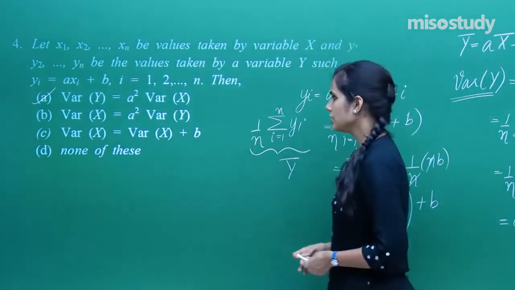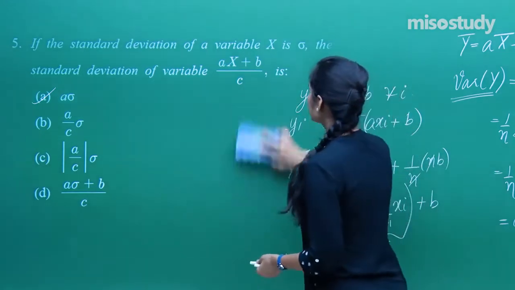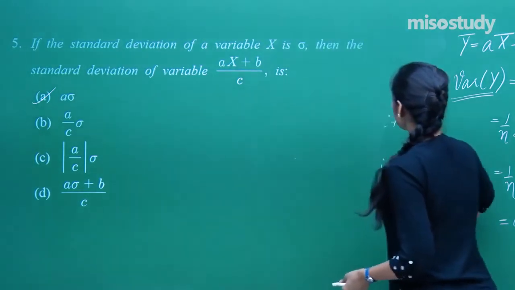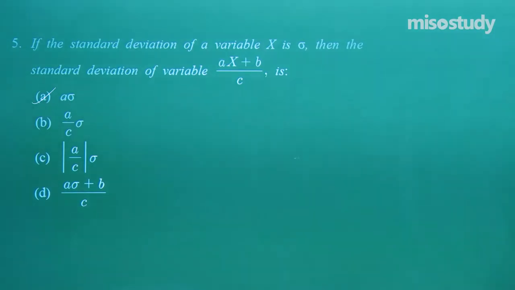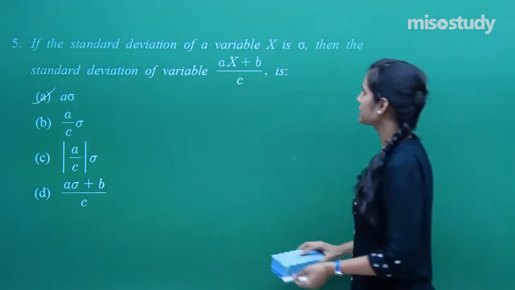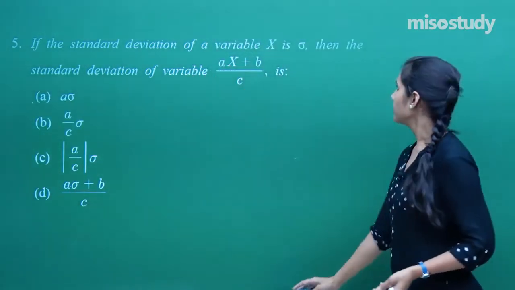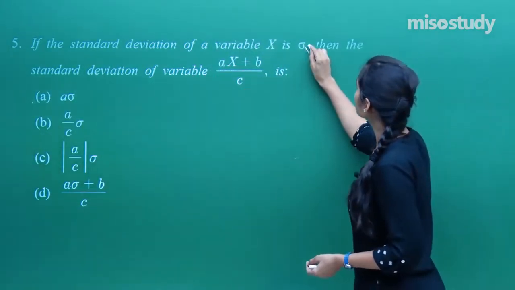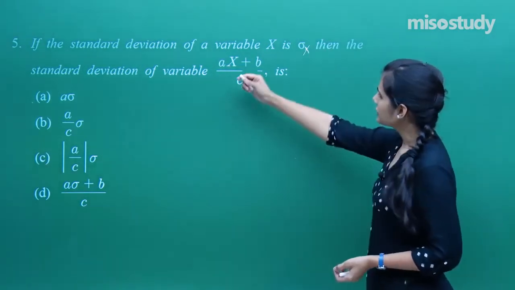Easy enough? Moving on to the next. It is talking about now the standard deviation. What does it say? Let's see. Question is saying that if the standard deviation of a variable x is sigma, so you can say sigma or sigma x is the same thing, then the standard deviation of this variable is what?